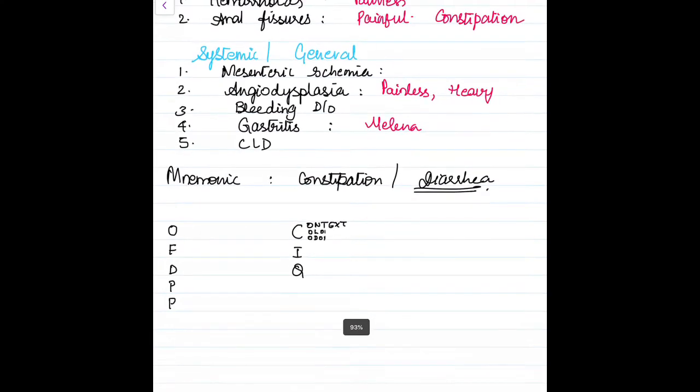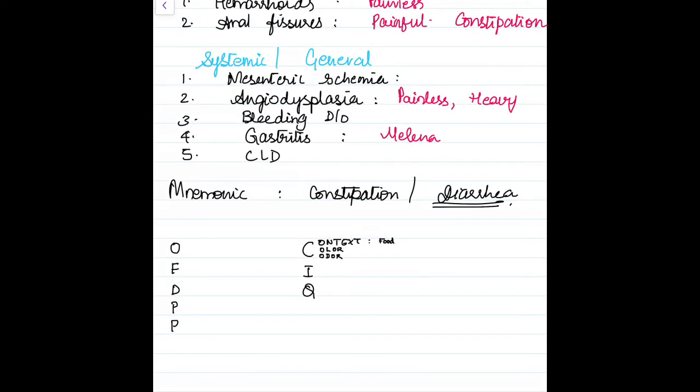Intensity is volume. This is nothing but volume. And Q is for quality. That means the stool, is it watery, or is it mucus, or does it have fat, which means it's pancreatitis.